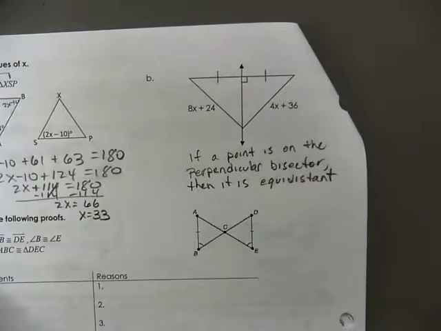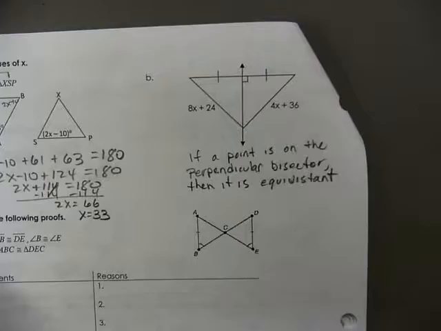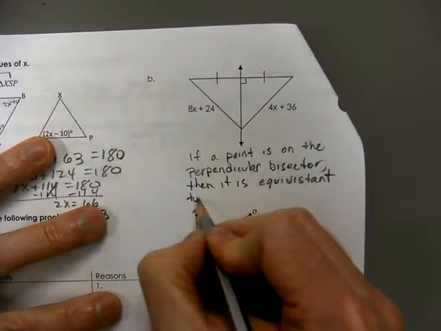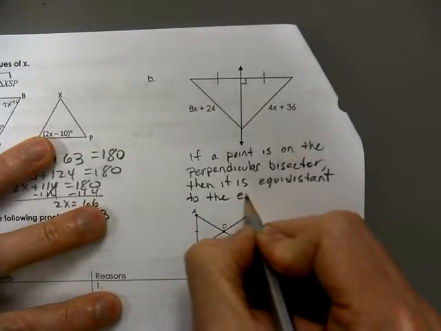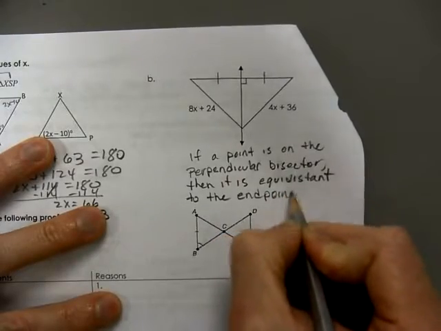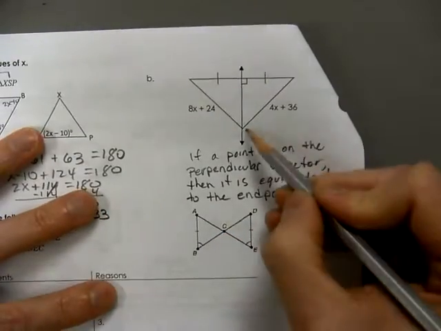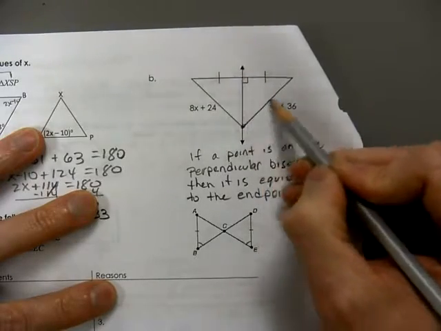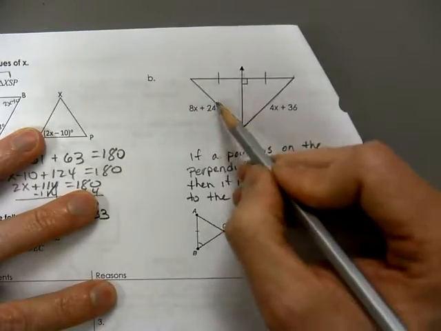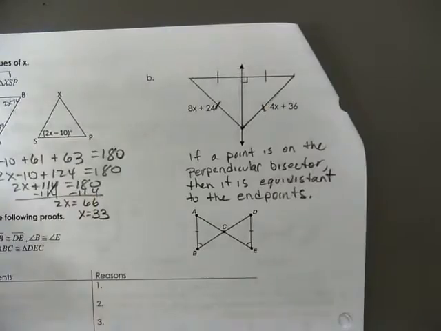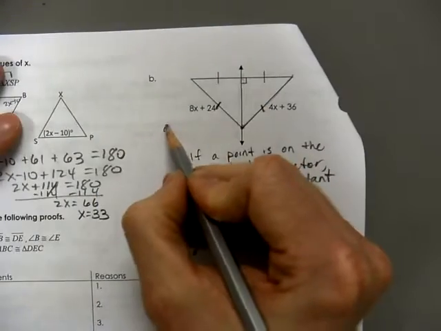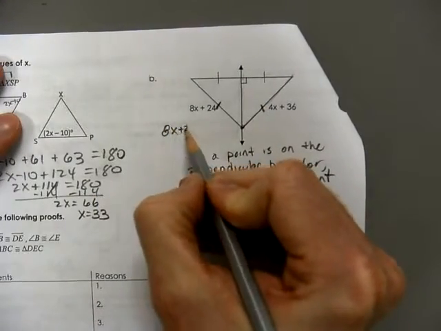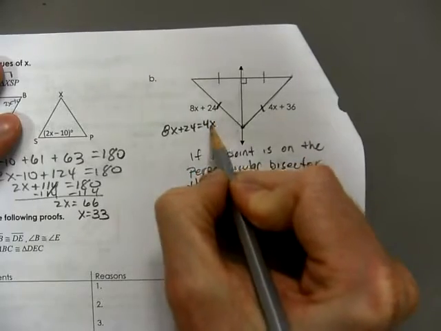It's not called equal distant, it's equidistant to the endpoints. So any point here on this perpendicular bisector is going to be equidistant to the endpoints. So that's telling us that we're allowed to set these equal to each other.